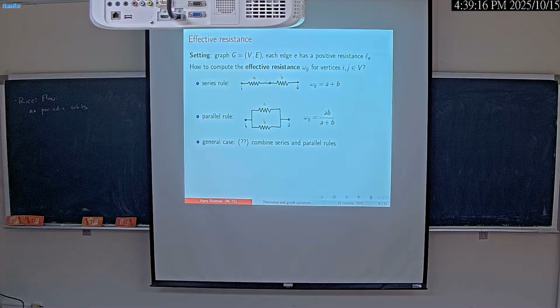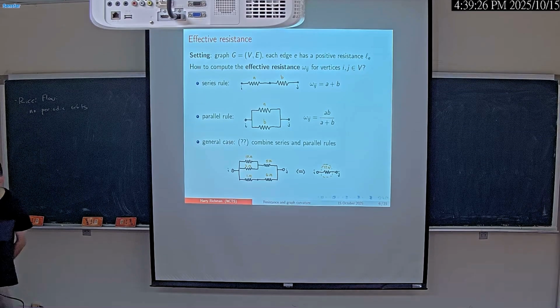Okay, so we have simple rules for series combinations and parallel combinations. So what about the general case? If we go back to this example on the previous slide, is it possible to use just the series and parallel rules to compute the effective resistance on this circuit at the bottom? So maybe by show of hands, does it seem like this should be doable using these two rules?